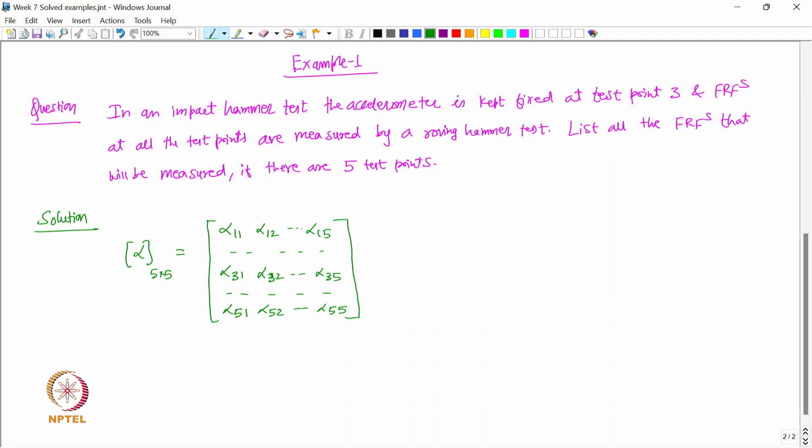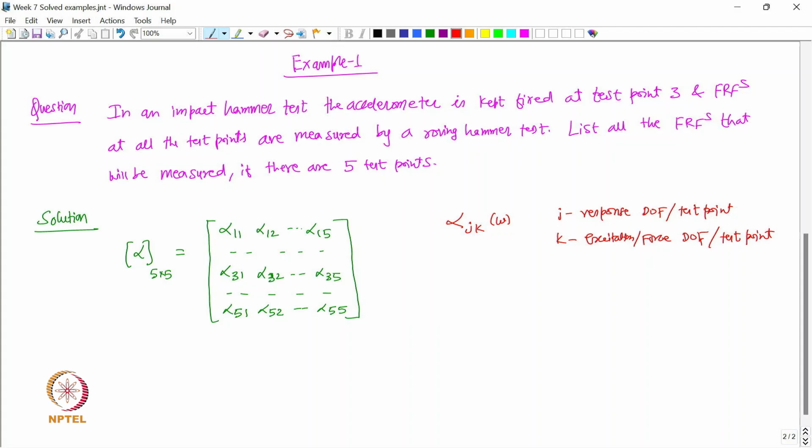We know that the FRF is designated as alpha j k, where j is the response point, response degree of freedom or test point, whatever you want to call it, and k is the excitation or force DOF or test point.